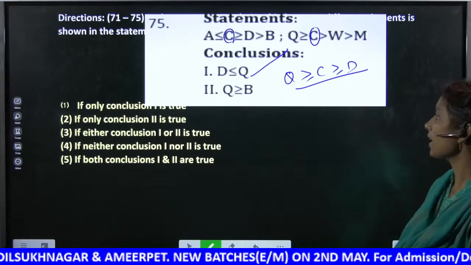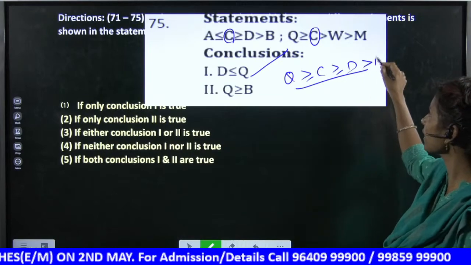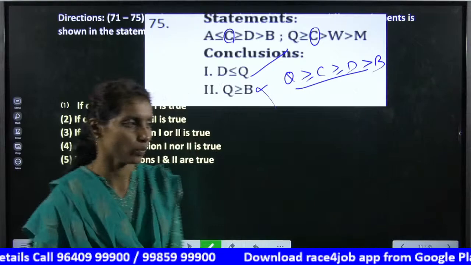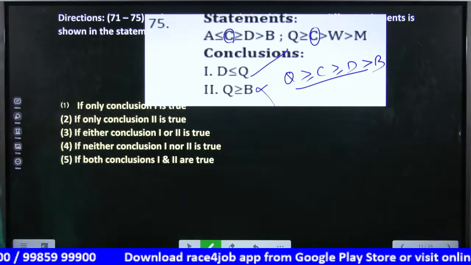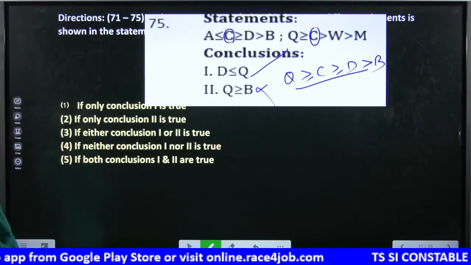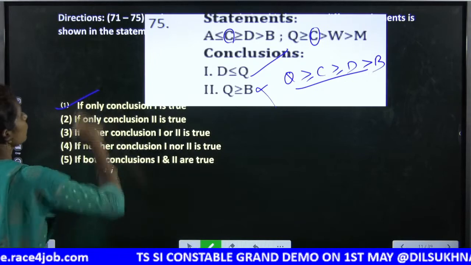When it comes to the Q B relation, it is only greater. It is not less, greater than or equal. Only one is true. Yes, Sai, it is only one, neither nor. Here only one is true.